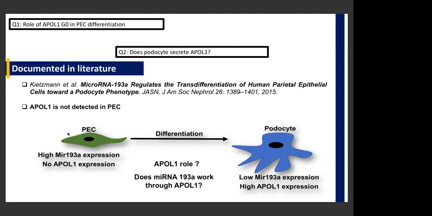So we tried to correlate these two molecules: if the parietal epithelial cells don't have APOL1, but when they get differentiated into podocytes they have APOL1 expression, we tried to check whether APOL1 has any significant role during this differentiation process, and if it has, whether it is done through the microRNA or not.